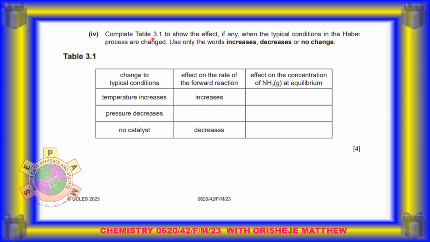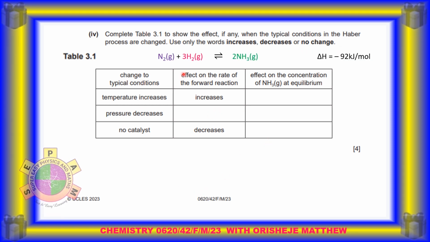Complete table 3.1 to show the effect, if any, when the typical conditions in the Haber process are changed. Use only the words increase, decrease, or no change. Okay, so let's look at this.